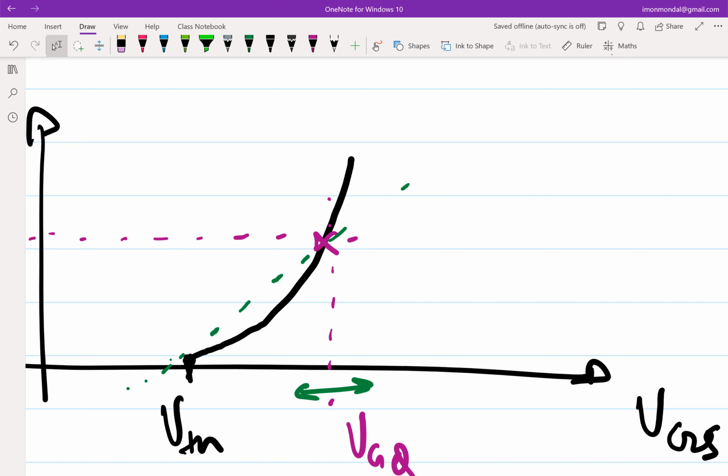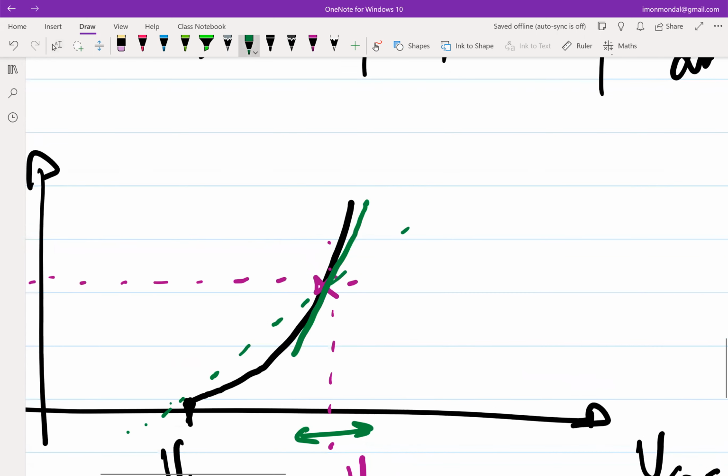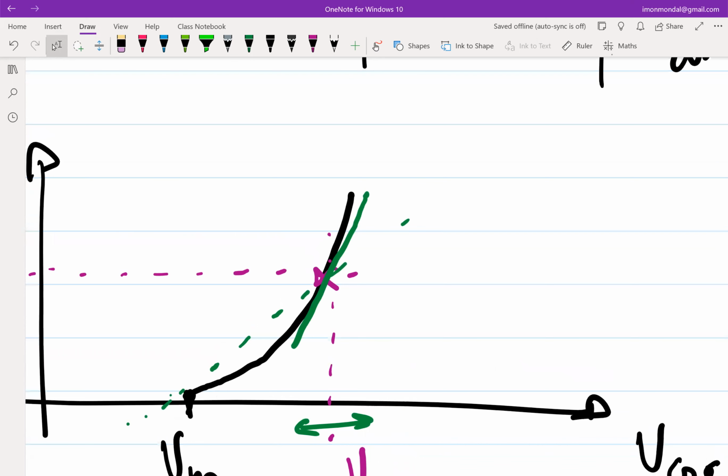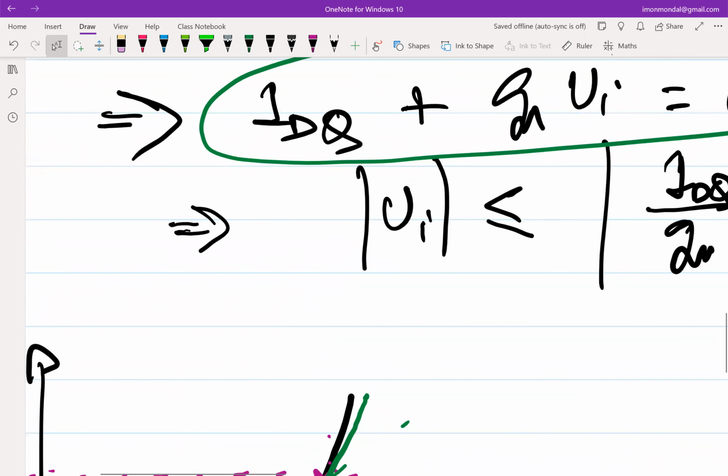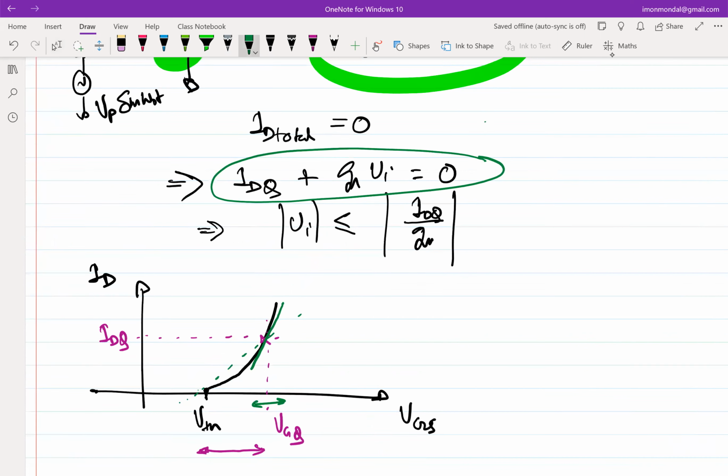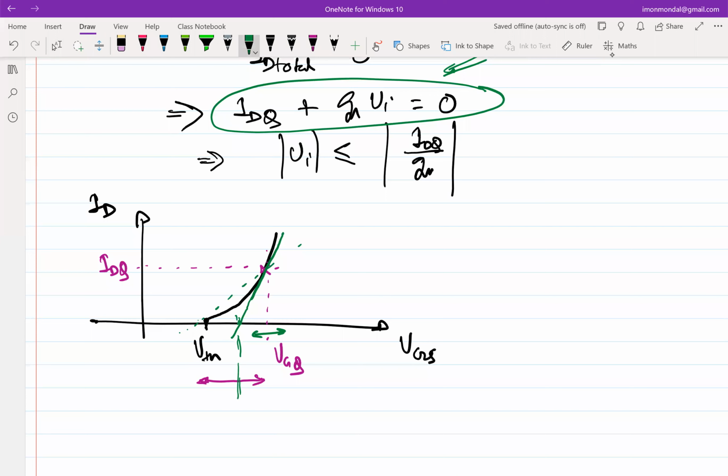GM is basically the tangent to this curve. So you draw a tangent and then say that IDQ plus the extrapolation of this tangent goes to 0, right? So this is IDQ plus GMVI goes to 0, means quiescent plus extrapolation of the tangent is going to 0, which means I am limiting my swing within this region.